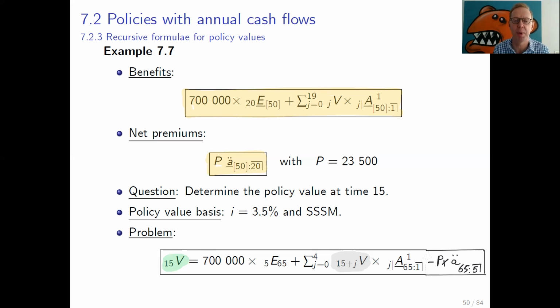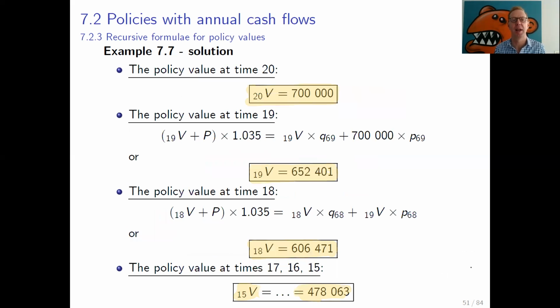How can we solve this problem? Very easily. We are in the section on recursive formula for policy values. So we will calculate this policy value for this policy in a recursive way. We will start with the policy value at time 20, then at time 19, then at time 18, and so on. That is what we will do on the next slide.